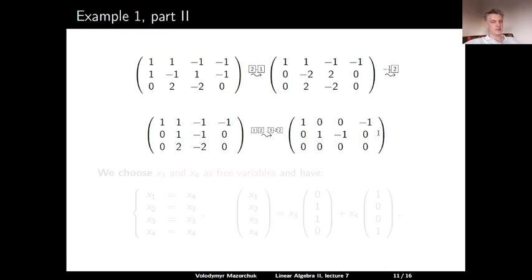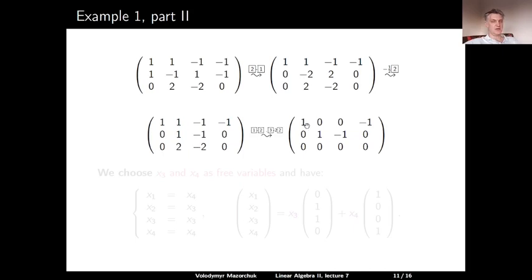Row 2 remains the same, and row 1 becomes 1 minus 0 is 1, 1 minus 1 is 0, minus 1 minus minus 1 is 0, minus 1 minus 0 is minus 1. Row 3 becomes 0 minus 0 is 0, 2 minus 2 is 0, minus 2 minus twice minus 1 is 0, and 0 minus 0 is 0.